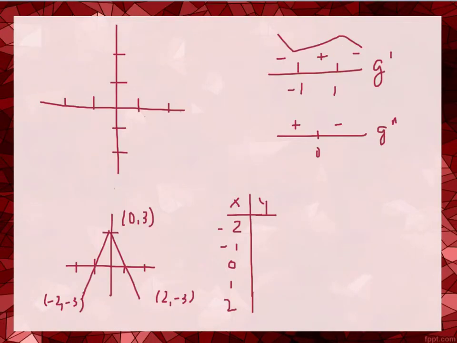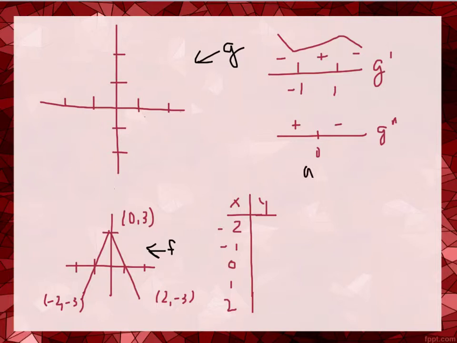Now let's finish this problem by coming up with the sketch of the graph of g of x. So I've brought over the information that we previously had, our sign charts, our original graph, and remember this was the graph of f, and we want to graph g. Now I'm going to take a moment and go ahead and find some ordered pairs because we can determine those from our problem.